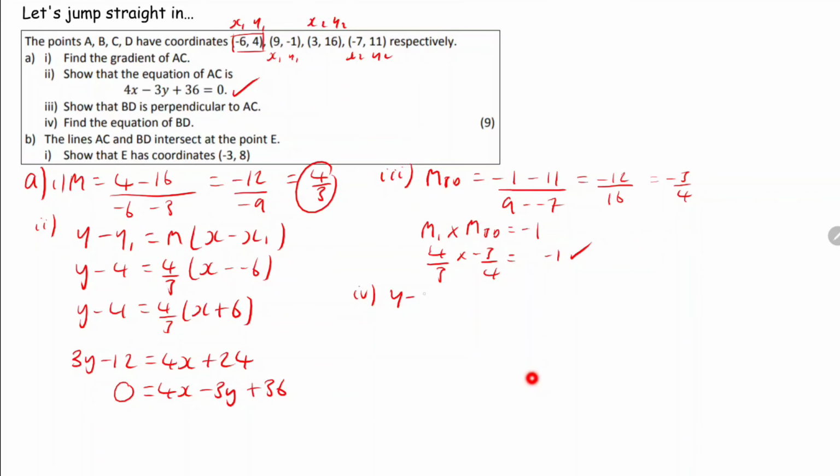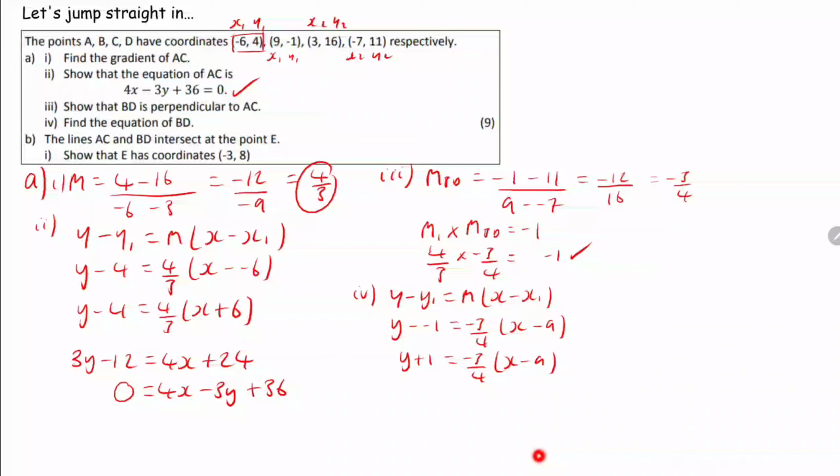So now we're going to use the equation of a straight line again. y minus y1 equals, this time, our new gradient, x minus x1. We're going to use our B values for our y1 and x1. So we have y minus 1 equals minus 3 over 4, x minus 9, which gives us y plus 1 equals minus 3 over 4, x minus 9.